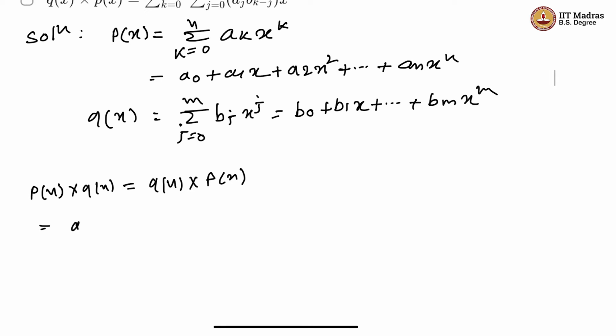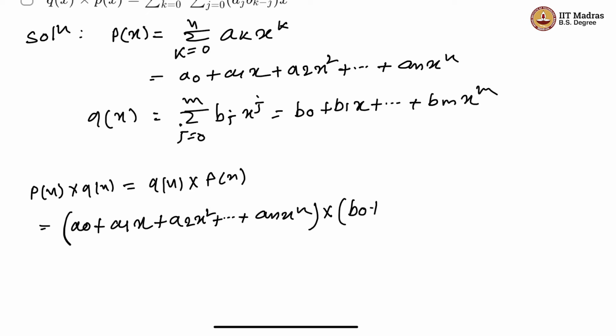That equals a0 plus a1x plus a2x squared plus up to an x^n, into b0 plus b1x plus b2x squared plus up to bm x^m.